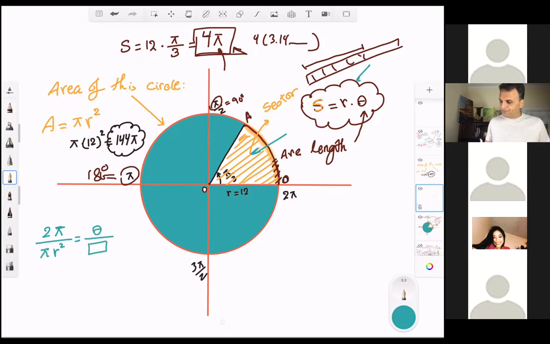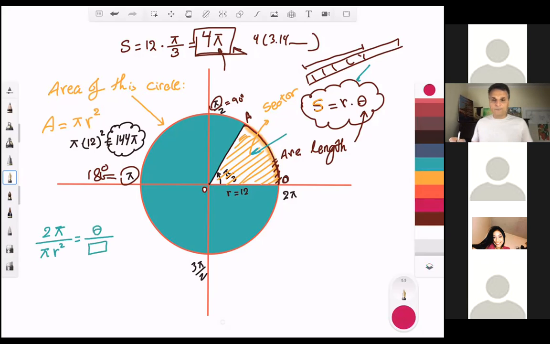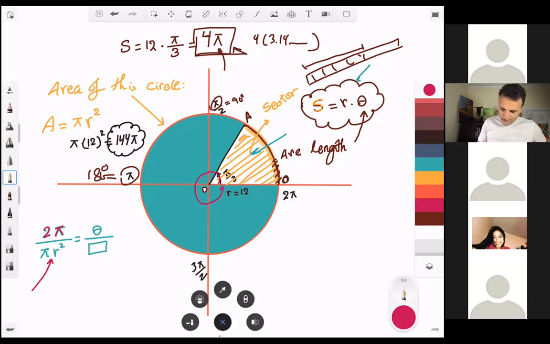what is the area? So what I'm saying here, if the theta is 2 pi, that means from here all the way here, correct? Everything, all the circle, the area is pi r squared. Now, if it's theta, what is the area? So we write the proportion.